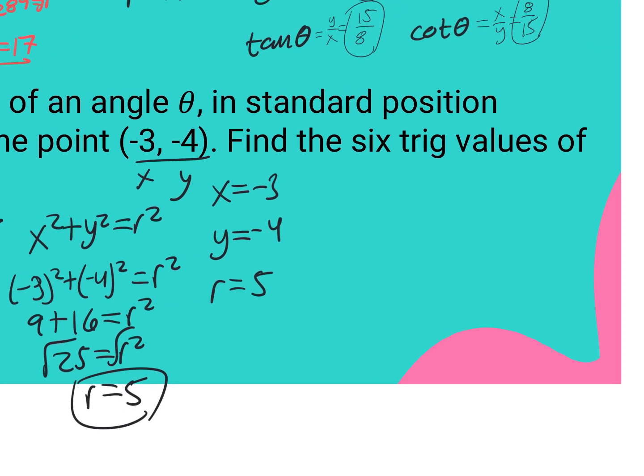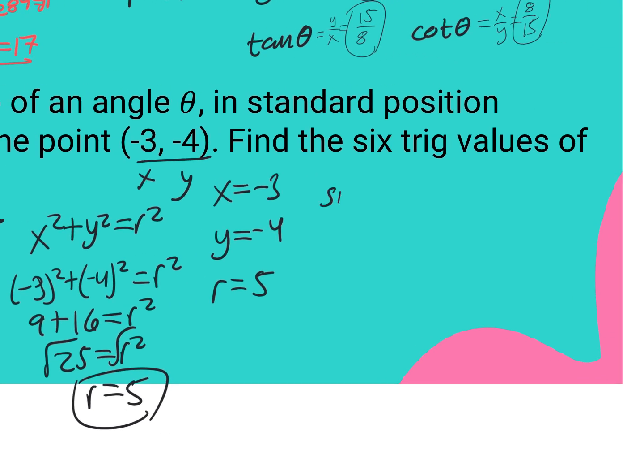So now I can find the 6 trig values. I know that sine has to be y over r, which is -4 over 5. I know cosine is x over r, which is -3 over 5.